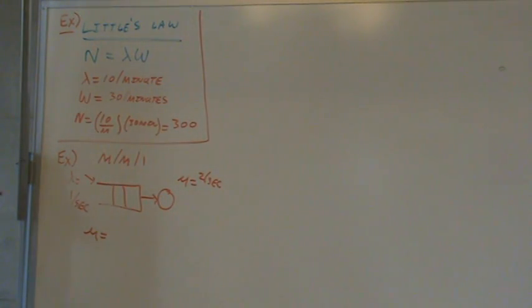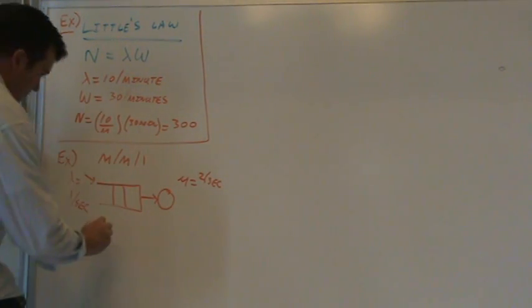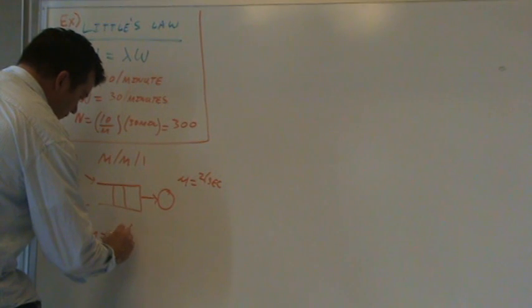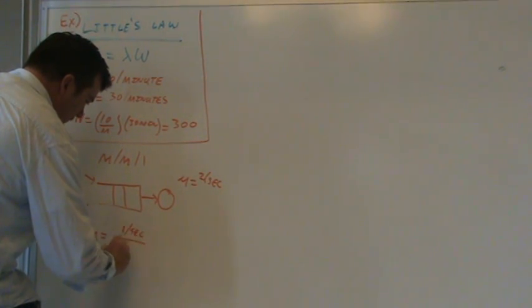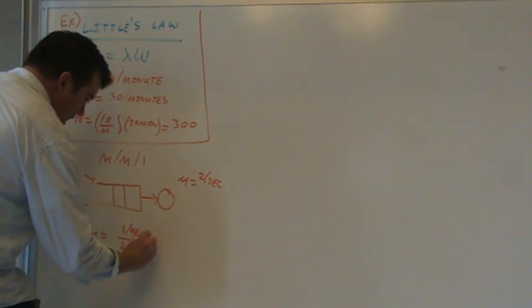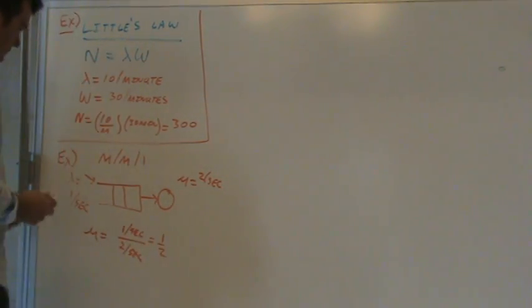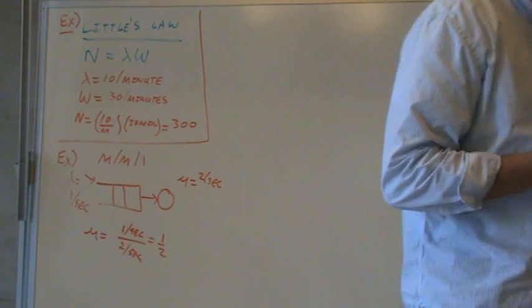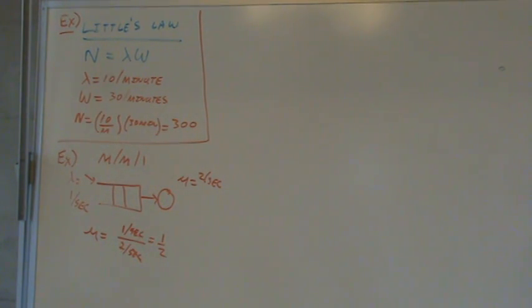So what percentage of the time is the thing in use? 50%. So that would be 1 per second divided by 2 per second. The per seconds cancel and we get 1/2. So half the time it's in use.